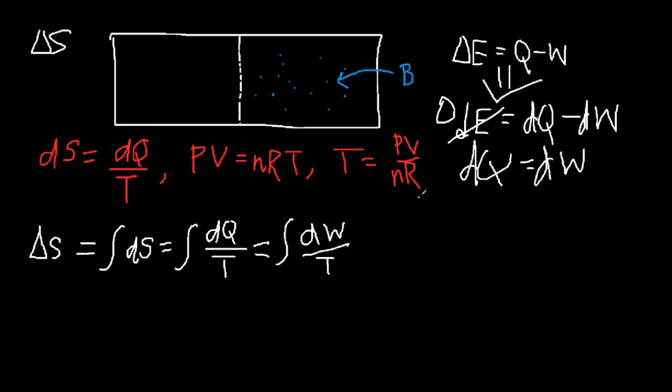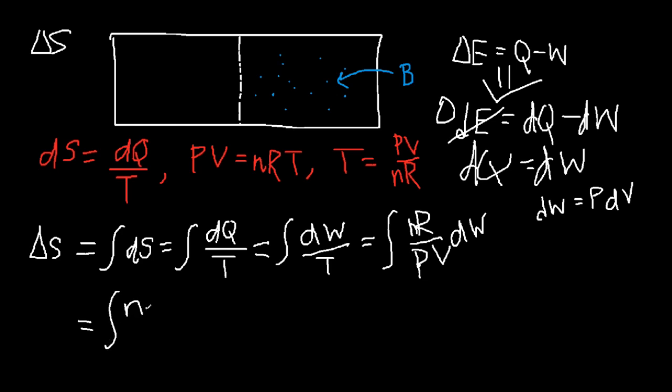Now we can substitute our appropriate variables into our integral. We're going to write this as nR over PV dW. Now any work, we can write as a function of our parameters. For expansion, any differential work is just equal to P dV.